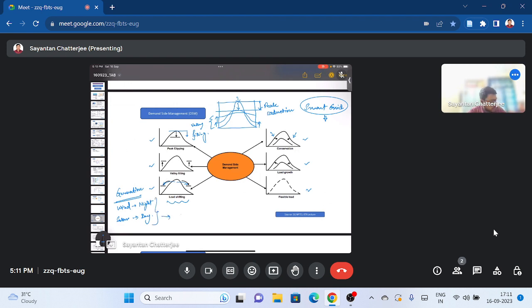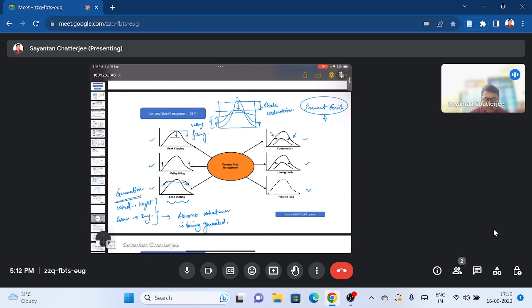But if the customers are not ready to take that much load, the customers need to absorb whatever is being generated, but they can't suddenly increase their load demand profile.